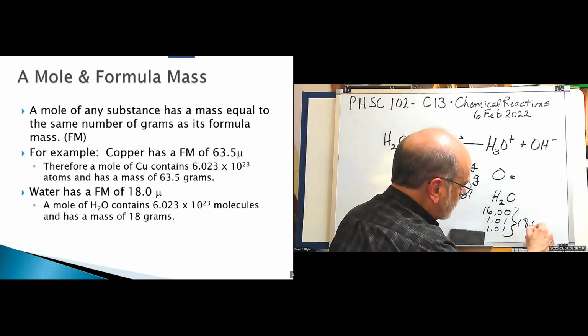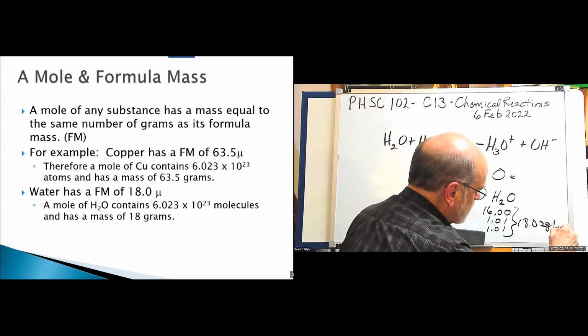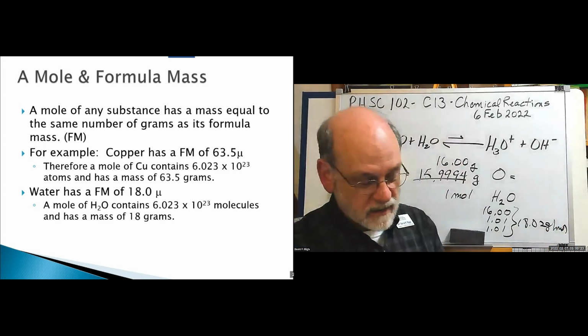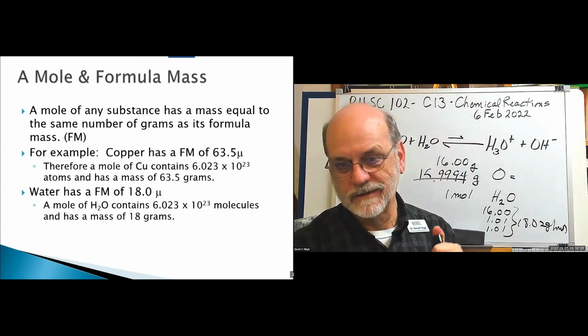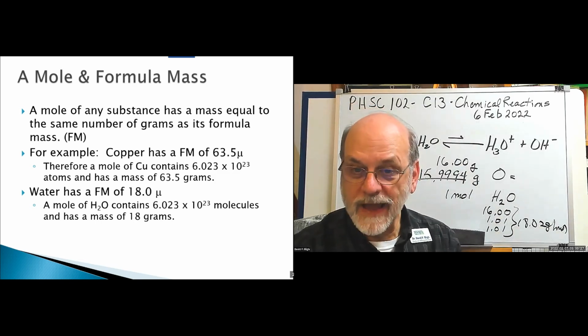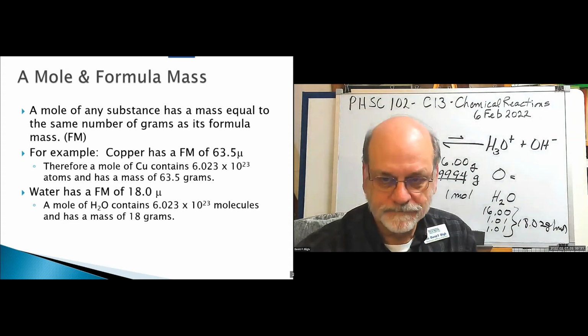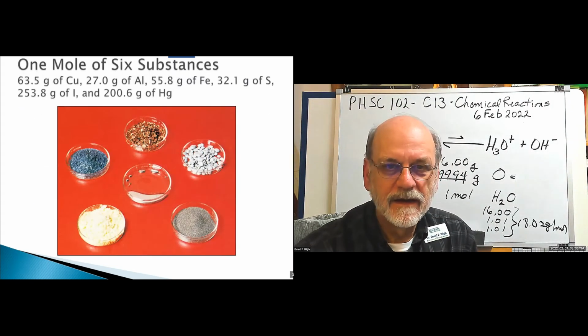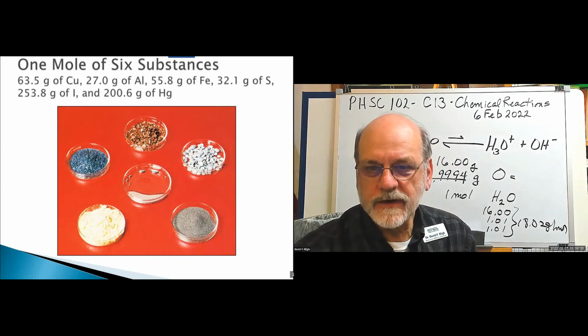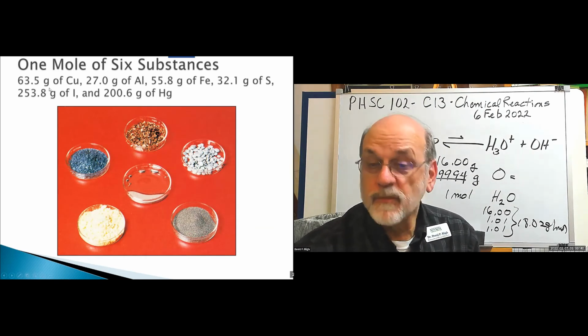So we have 18.02 grams per mole of water. Okay, that's the molar mass of water. Okay, so we have different examples here. Copper is 63.5 grams per mole.